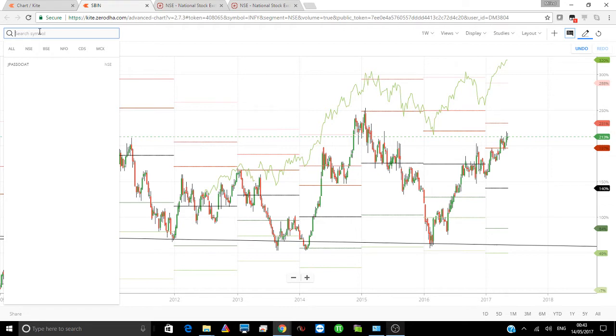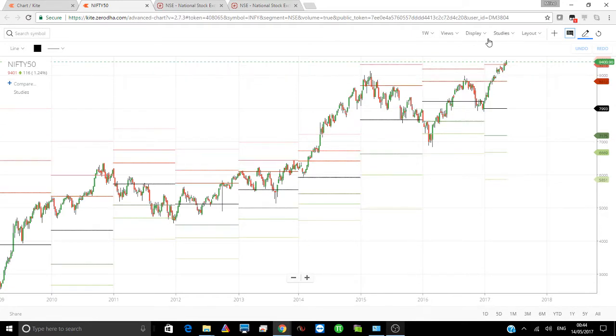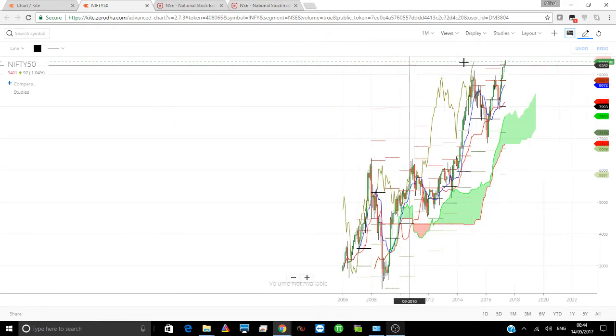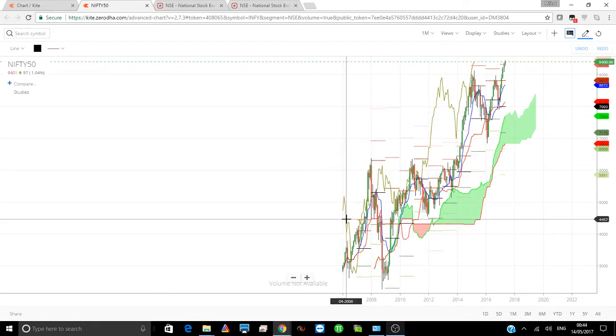There you go, Nifty 50. So this is our dear Nifty 50. I'm taking my saved view, Ichimoku and pivot. So the data is still coming in.